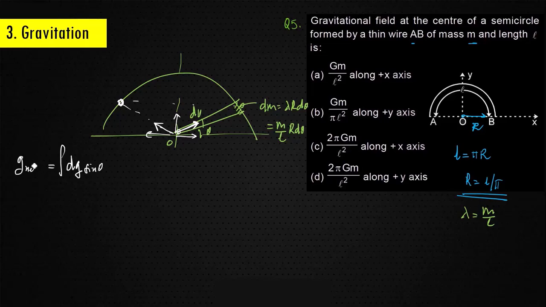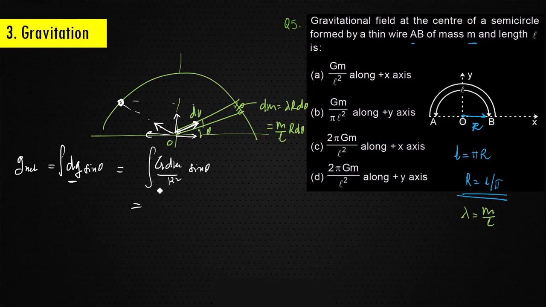G net. What is dg? dg is the elemental gravitational field produced by dm. That is G dm divided by r squared into sine theta, integrated. Now put the value of dm, which is m by L into r d theta.